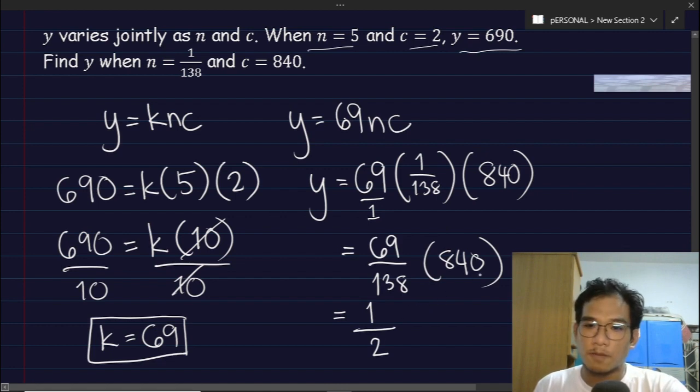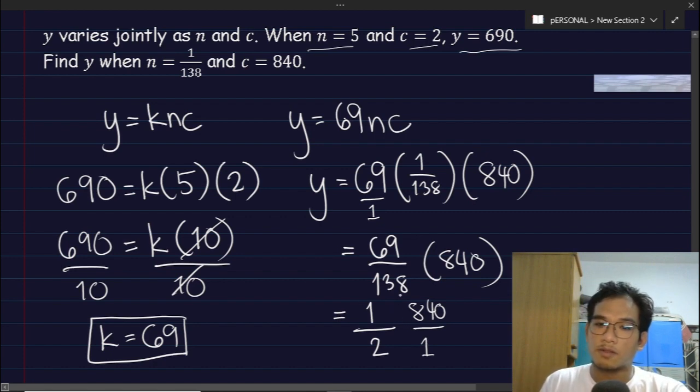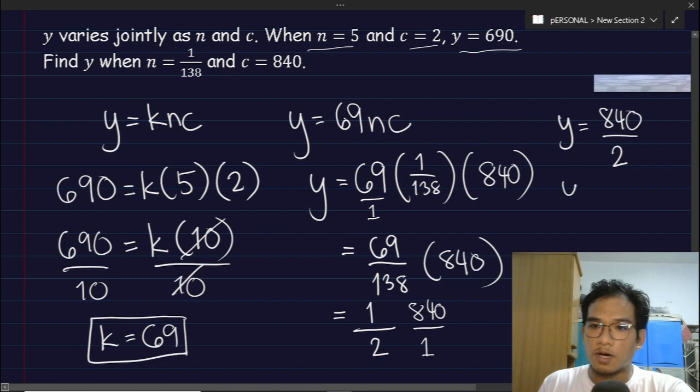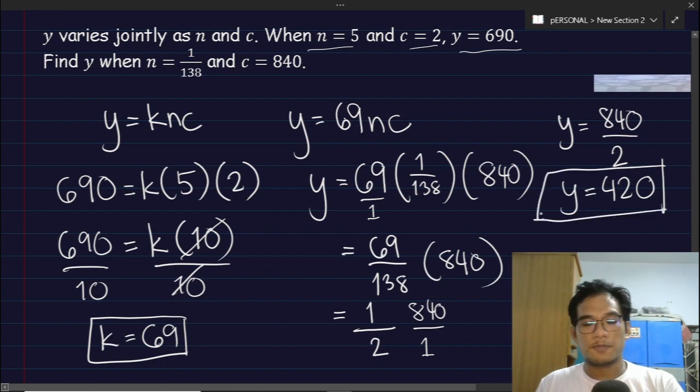And if we want to multiply that to 840, again, we can treat 840 as 840 over 1. Multiplying the numerators and the denominators, dito natin sulat, we will have y is equal to 840 over 2. And dividing those numbers, we will get y is equal to 420. And that is the answer for this problem.